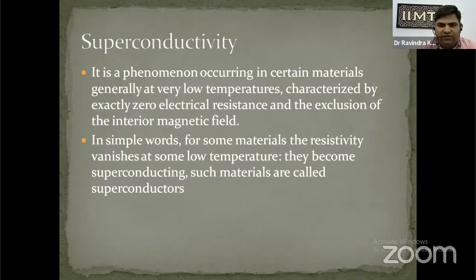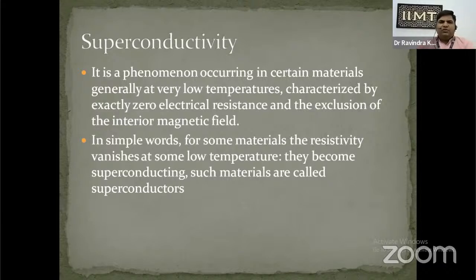If we use these superconducting materials in electrical wires, then there will be no resistance. We have to initiate the current, and we can get this current for years and years without any resistance. It will flow and flow, it will not stop.